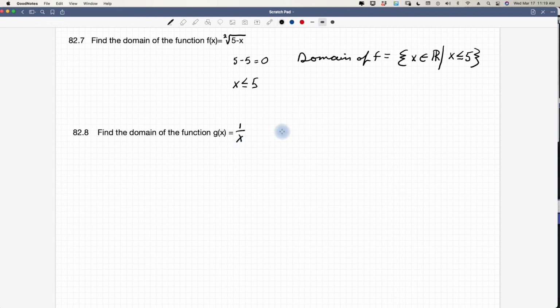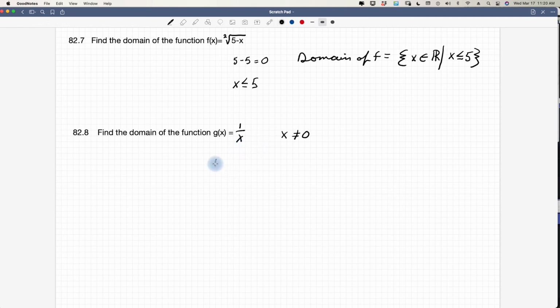X cannot be 0, right? It can be any other number, but it can't be 0. Because if it's 0, it's indeterminate. Remember our rules of fractions with 0? It cannot be a 0. Or else it would be indeterminate, and that would not be a real function.